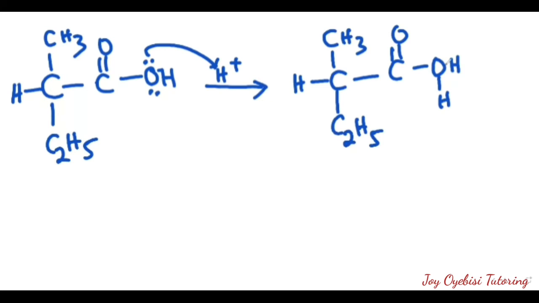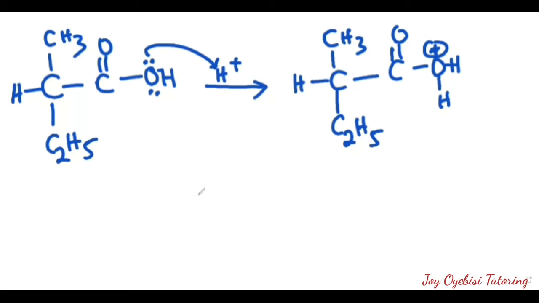This oxygen is having 3 bonds, and because it was used to pick up the hydrogen, there's going to be a positive charge here. At this point, this is where the alcohol comes in.